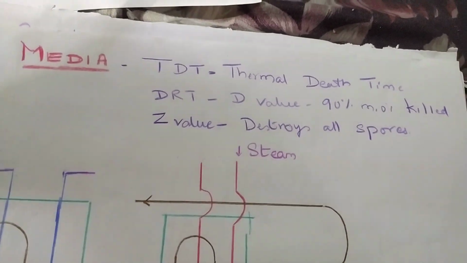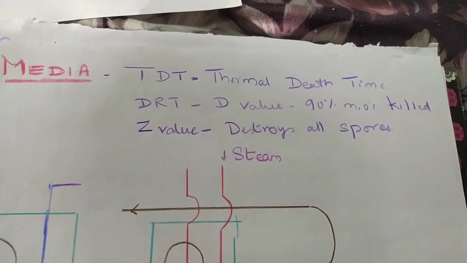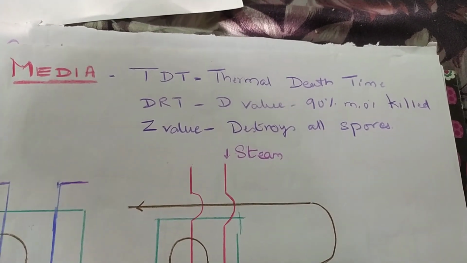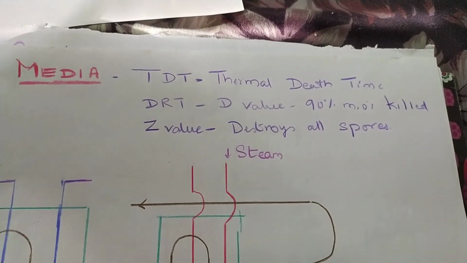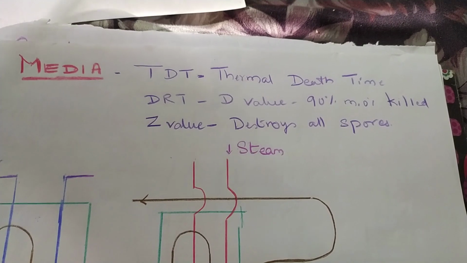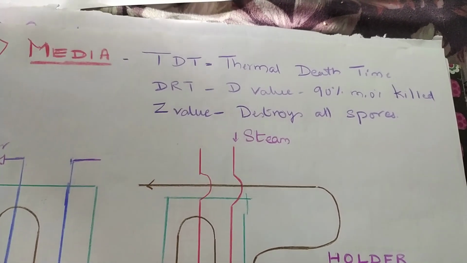Here you can see certain definitions one should satisfy: thermal death time, decimal reduction time (DRT), the D value. What is the D value? Any organism in the media should be killed. But according to survey data, generally 90% of microorganisms are killed.